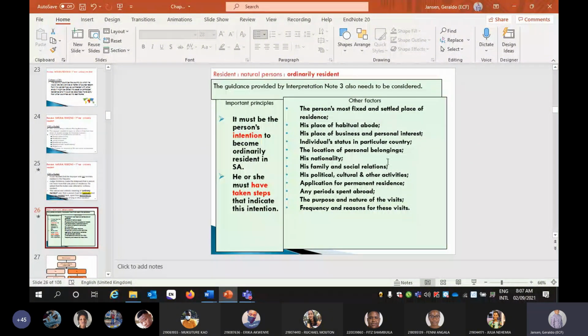And then any period spent abroad. So how long have you been out of the country and so forth. And then the purpose and nature of the visits, if you now come to South Africa, and the frequency thereof. So even how frequently are you actually visiting South Africa?